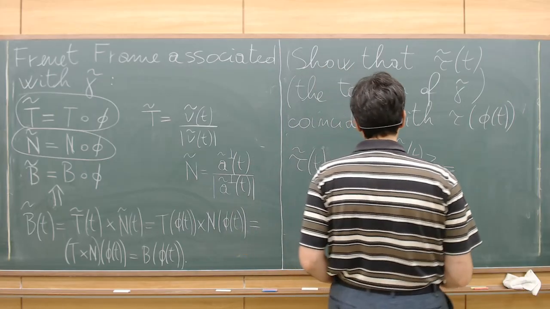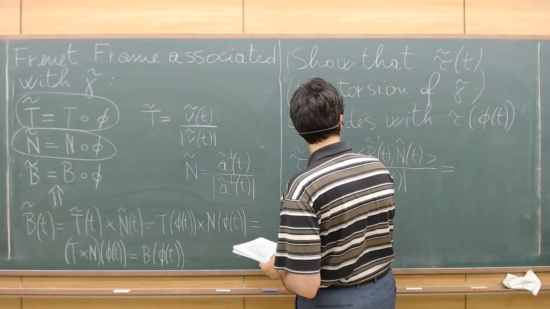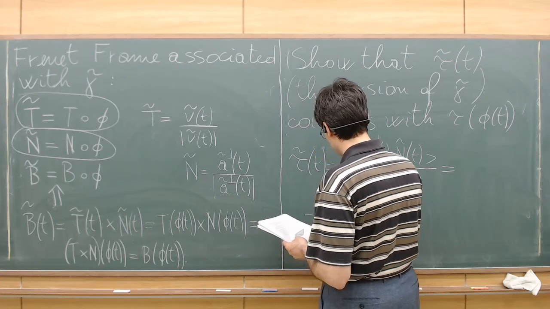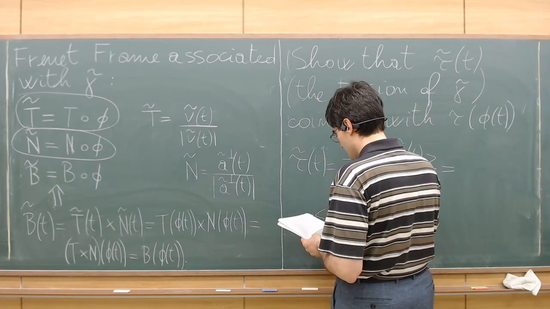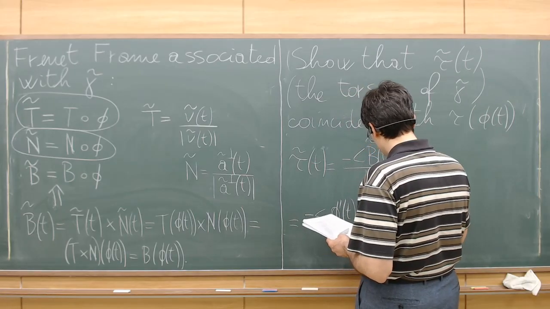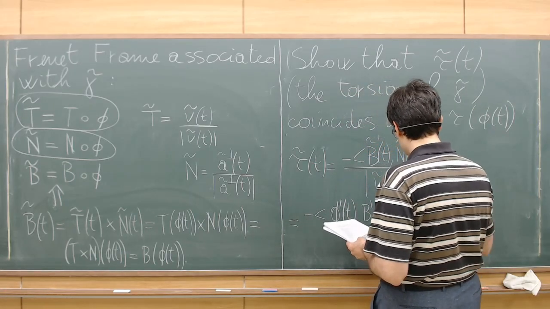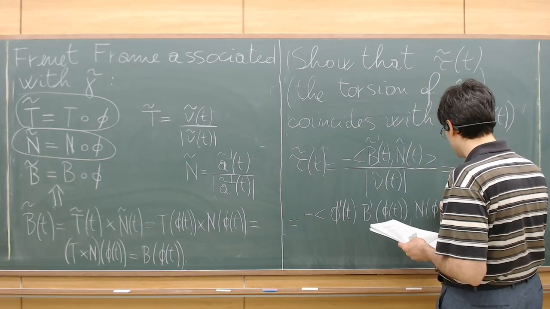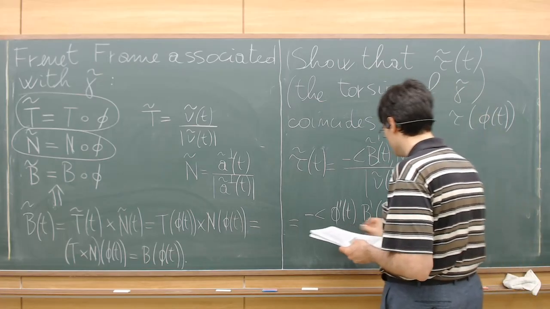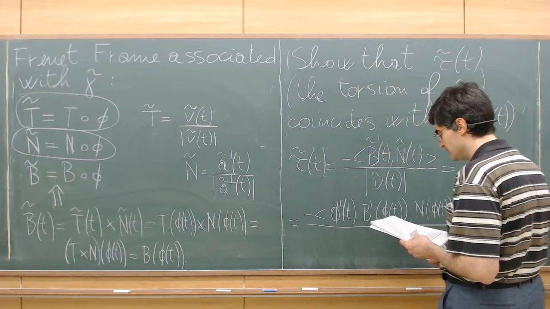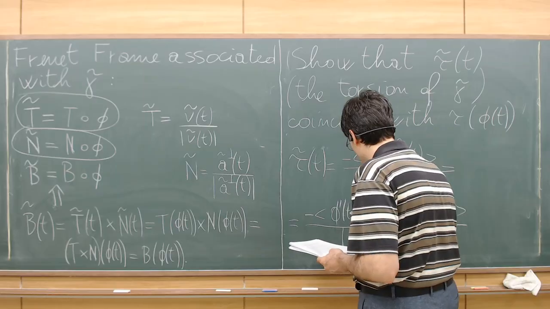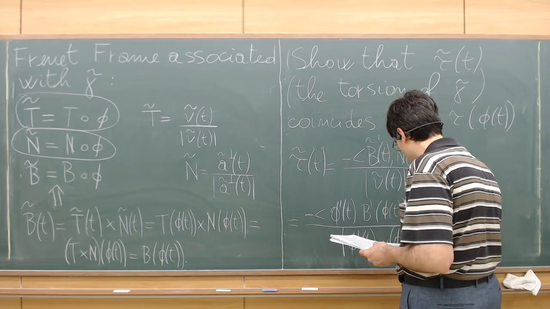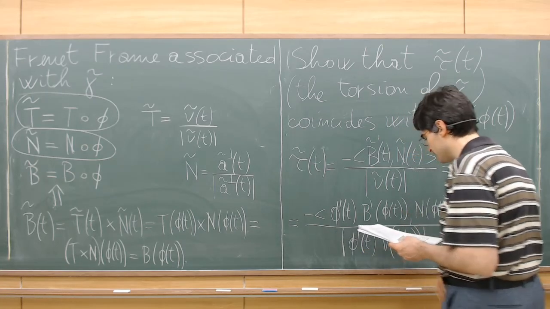So by the chain rule we get that this is equal to minus phi prime of t B prime of phi of t multiplied by N of phi of t, divided by the length of phi prime of t times V of phi of t.